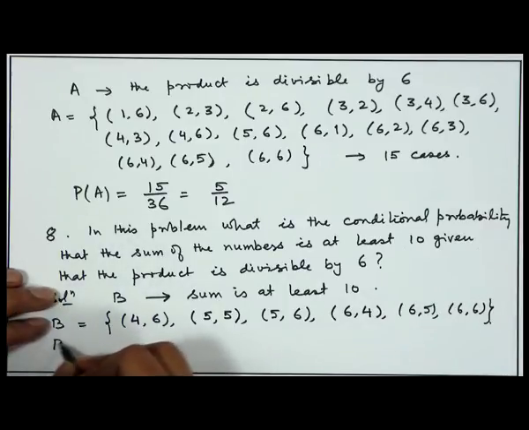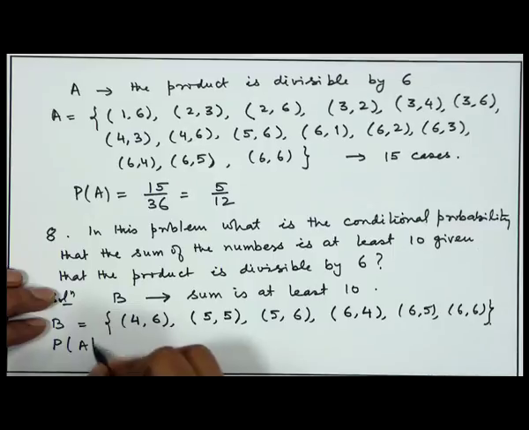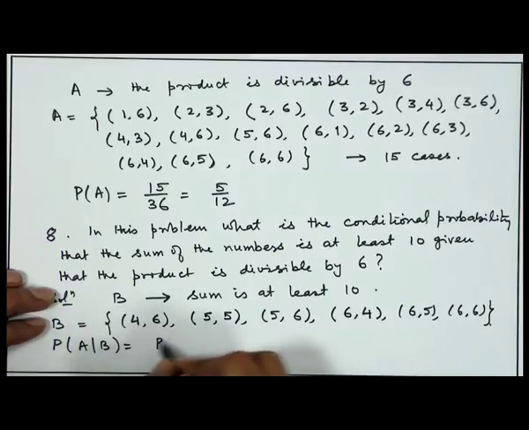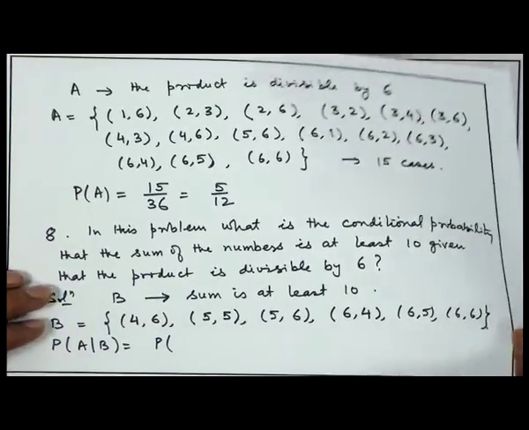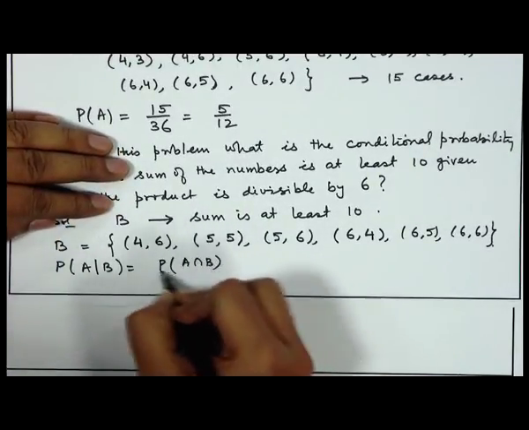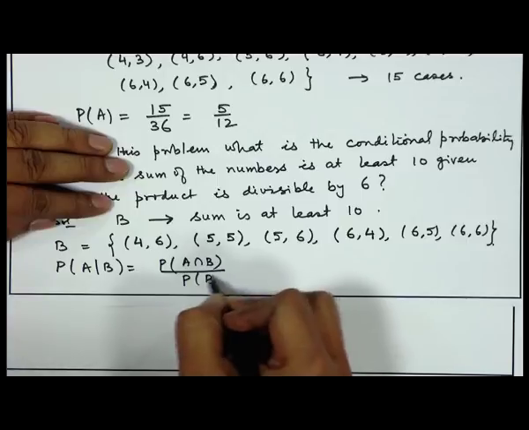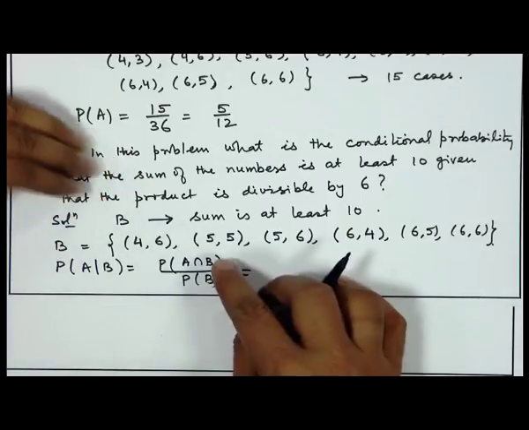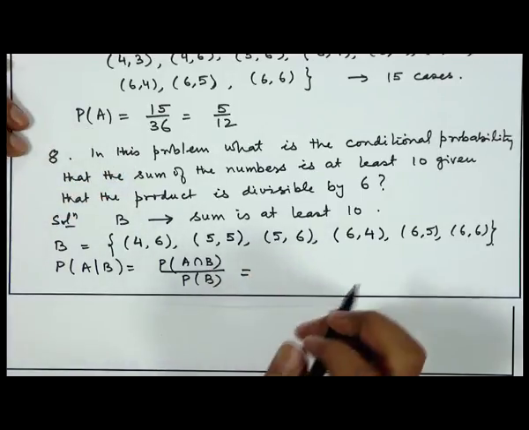So, if we want to calculate probability of A given B, then we need probability of A intersection B divided by probability of B. Now, how many elements are there in A intersection B?